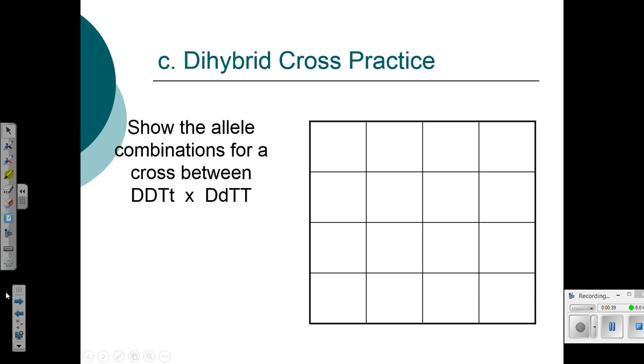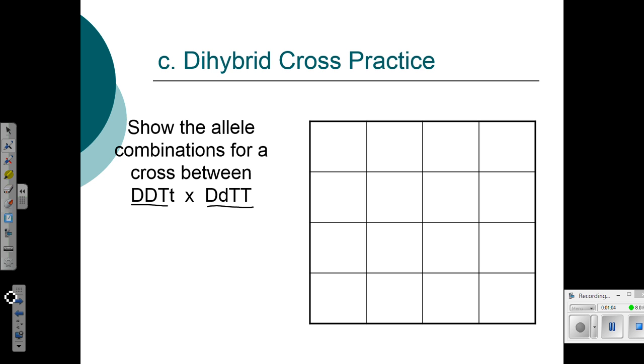Okay, so first thing is to figure out how we can do a Punnett square for 2 traits, and we'll have 2 different kinds of letters. So right now it doesn't really matter what these letters stand for, it just is 2 different traits. Okay? So this is going to be person number 1, and then this is person number 2.